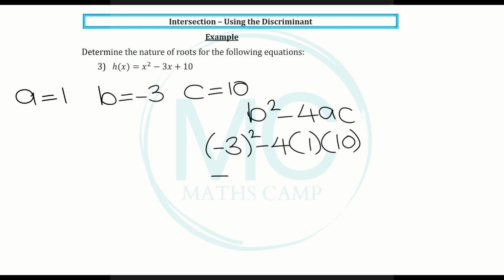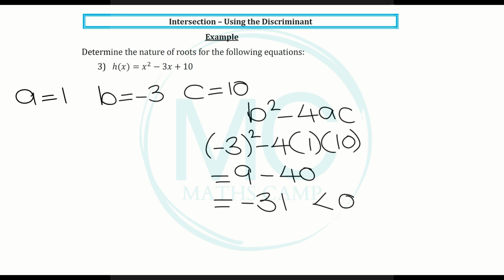Negative 3 squared is 9, so we get 9 minus 4 multiplied by 10, which is 40, which gives me negative 31. This value is smaller than 0, so in this case, there are no real roots.